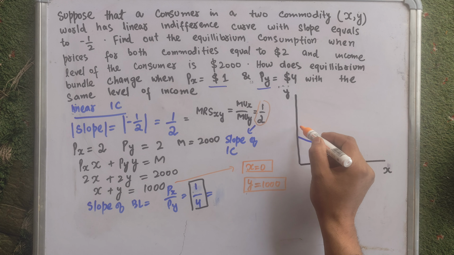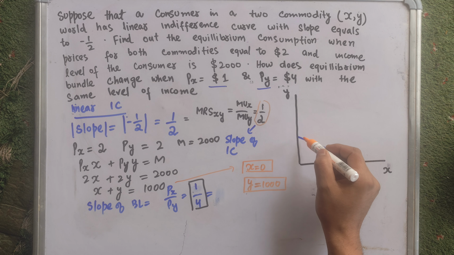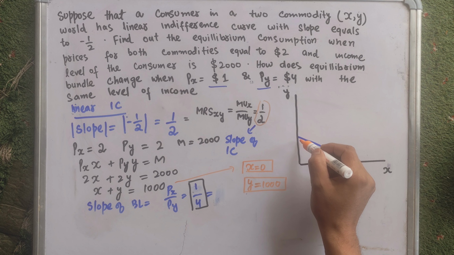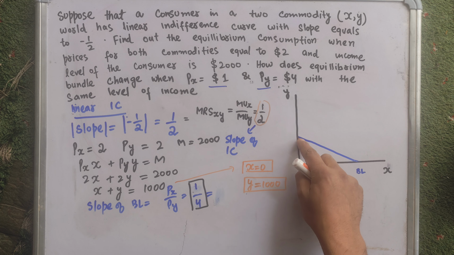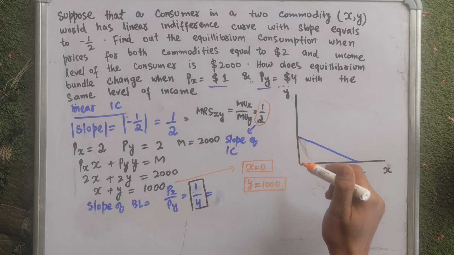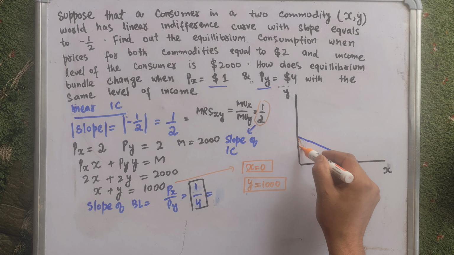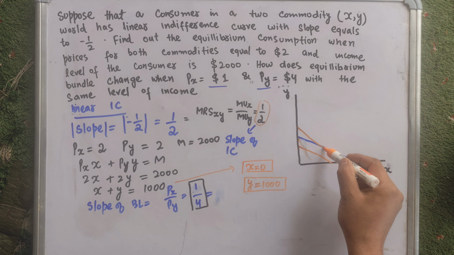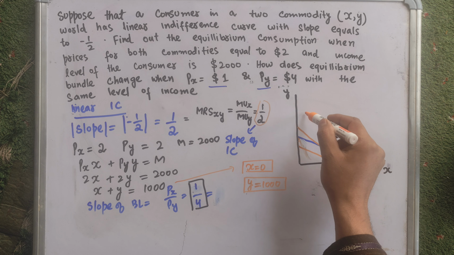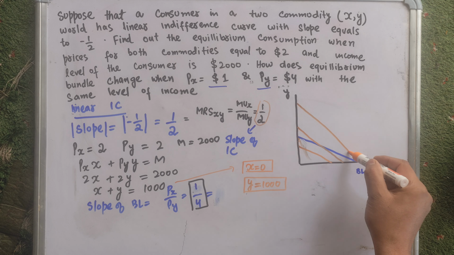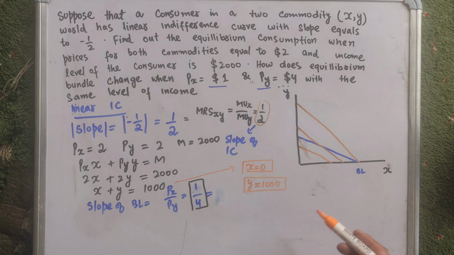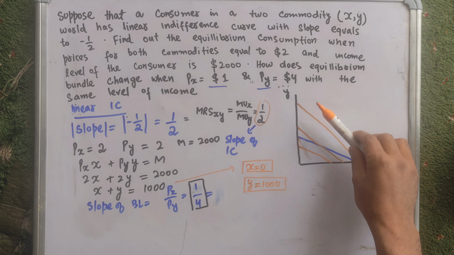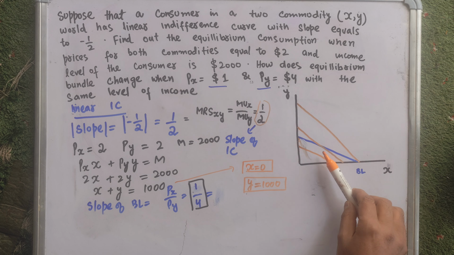So we will have 1 upon 2. Okay, I am not able to draw it perfectly, but you can see here this line is steeper than the budget line.